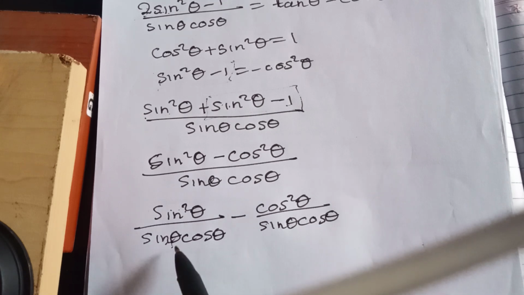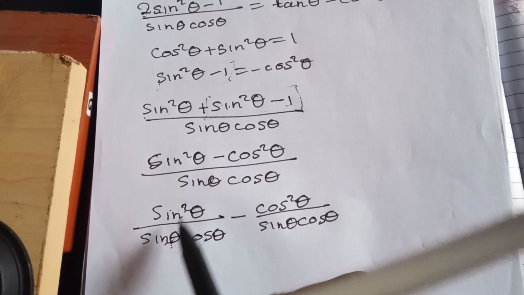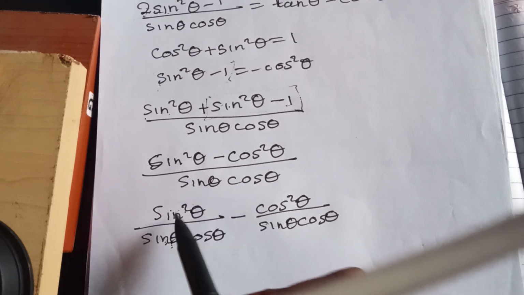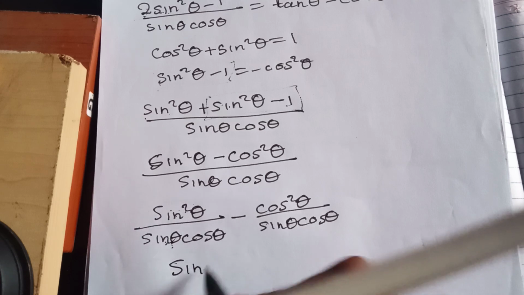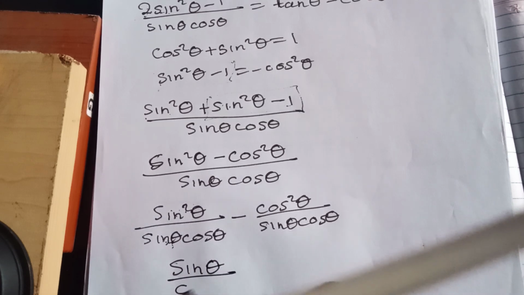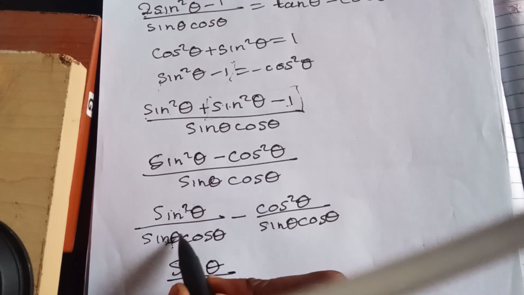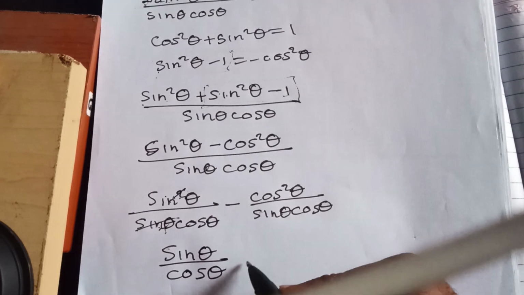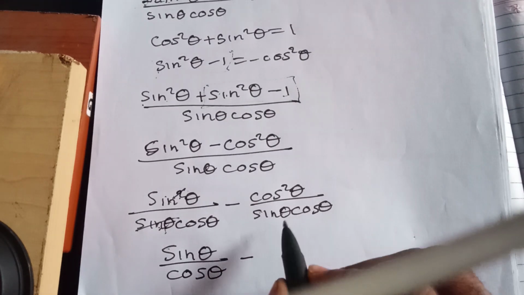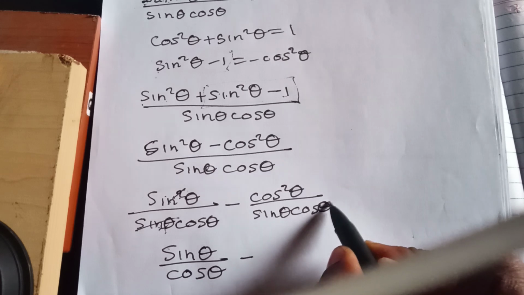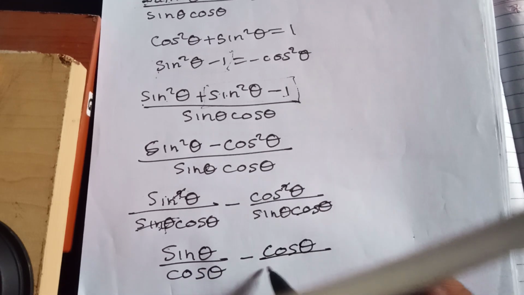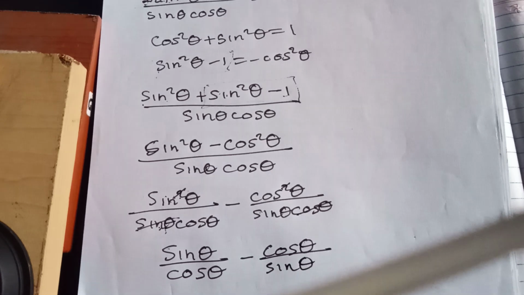Of course, by using the rules of indices, we know that when you are dividing, you just subtract the power. So we are dividing this into that, so we have sine theta over cos theta. Others do this. That's okay too, as long as you are not messing the rules up. So you can do the same thing there, and then over sine theta.